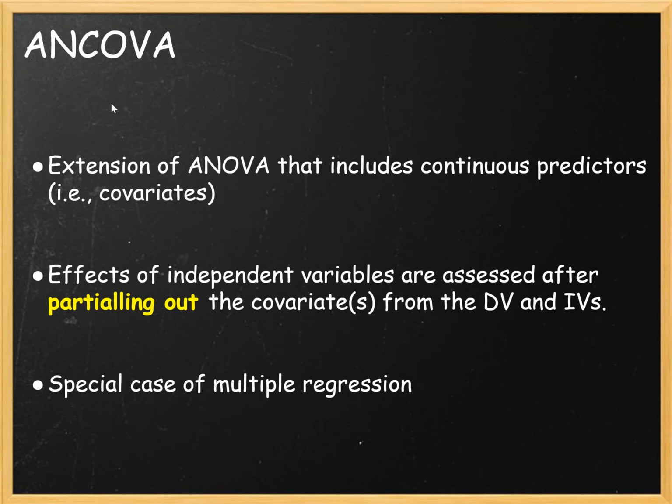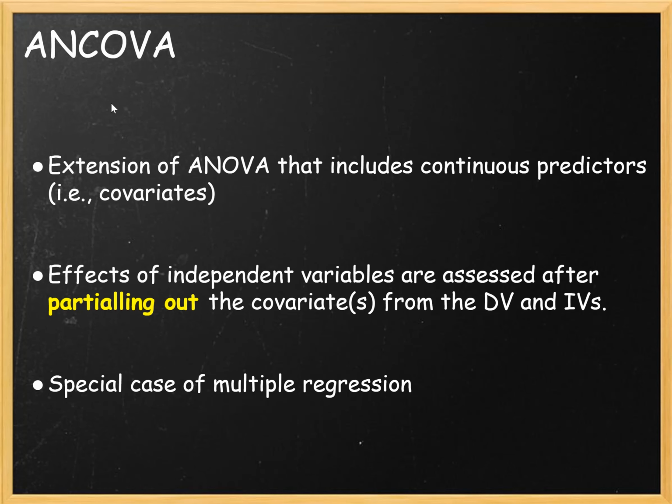So as I've already mentioned, ANCOVA is an extension of ANOVA that includes a continuous predictor variable or more than one continuous predictor variable that we want to statistically control for, and we call those predictor variables covariates. So the effects of the independent variables are assessed after statistically controlling for the covariates and partialing them out from the dependent variables and the independent variables.